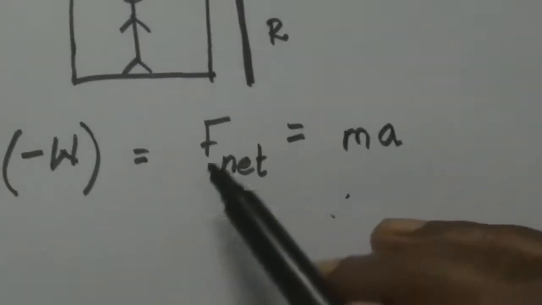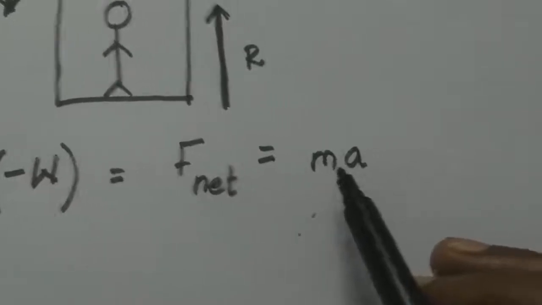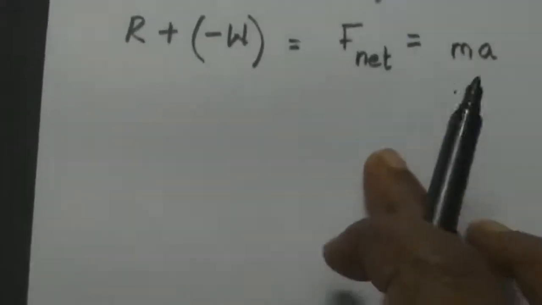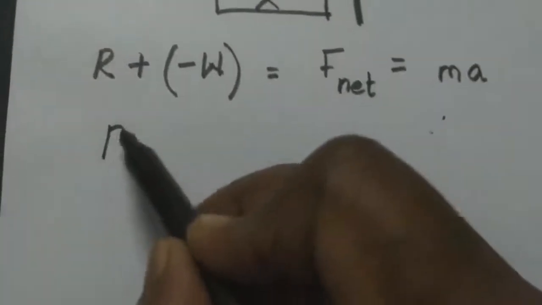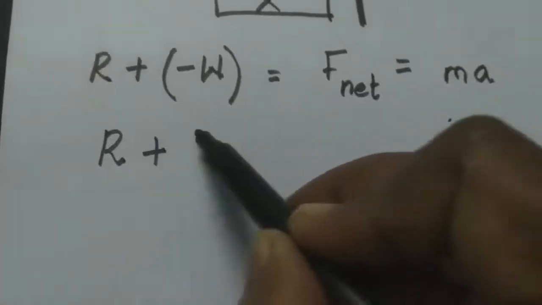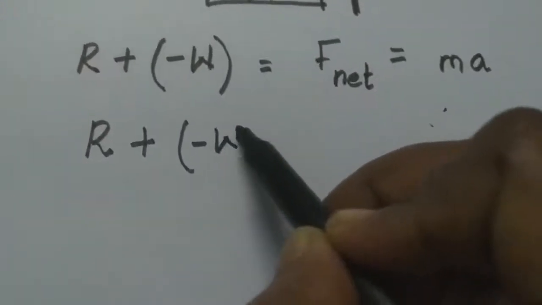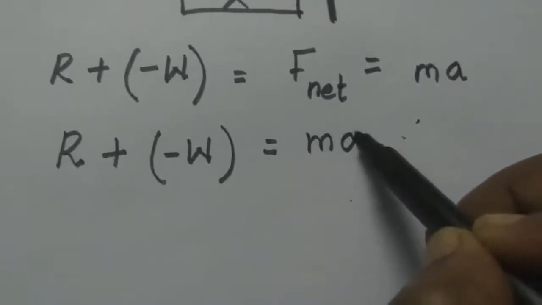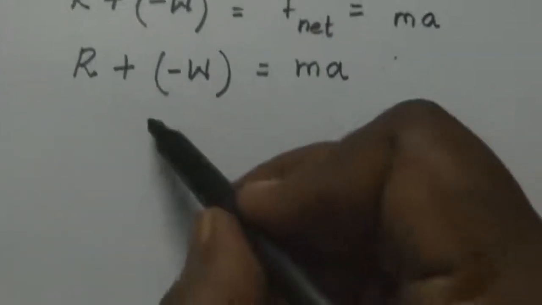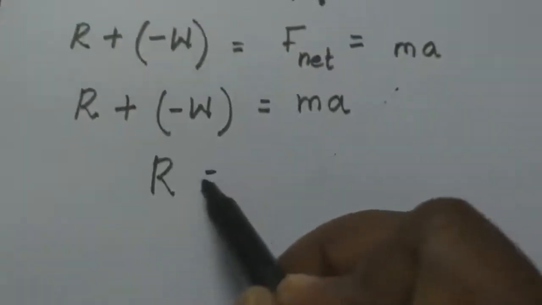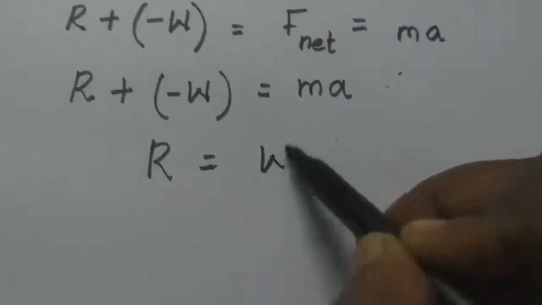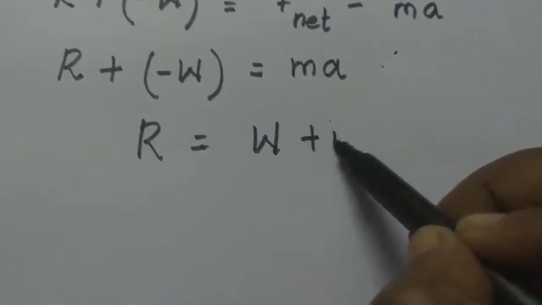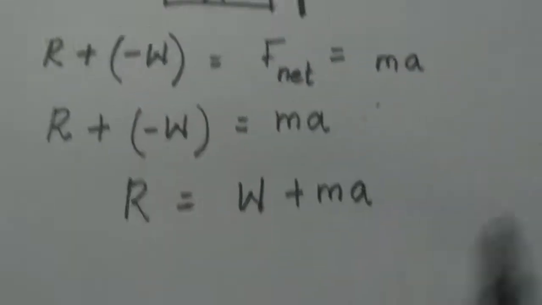We know that force equal to mass into acceleration. So R minus W equal to m into a, and then R equal to W plus m into a.